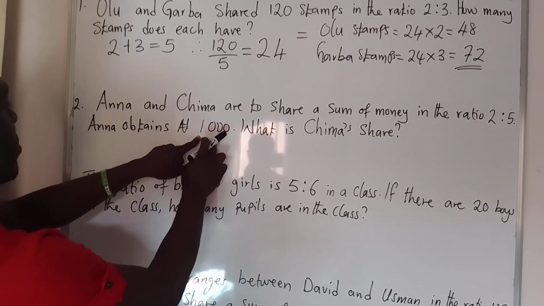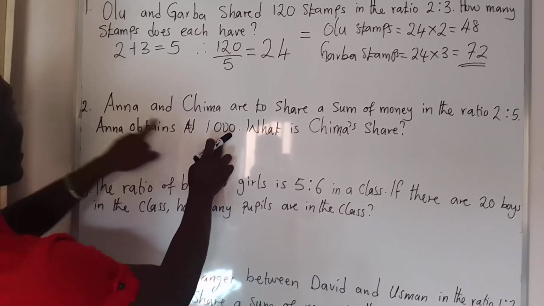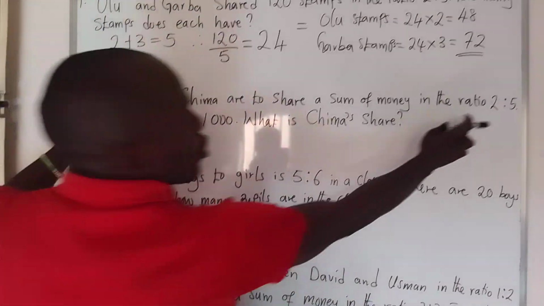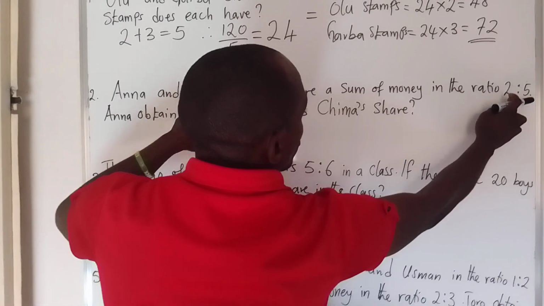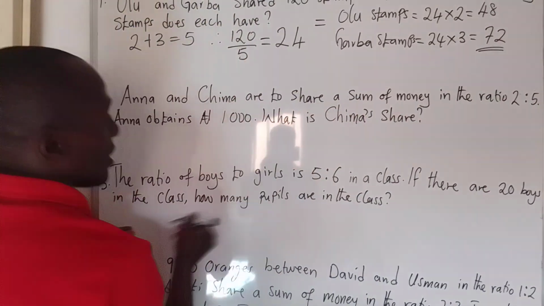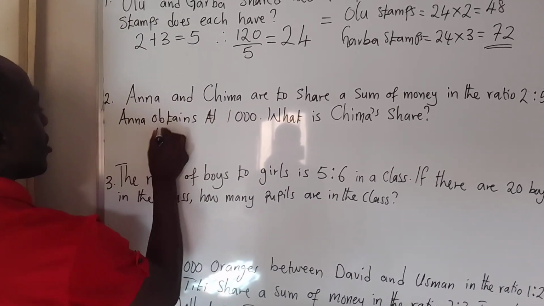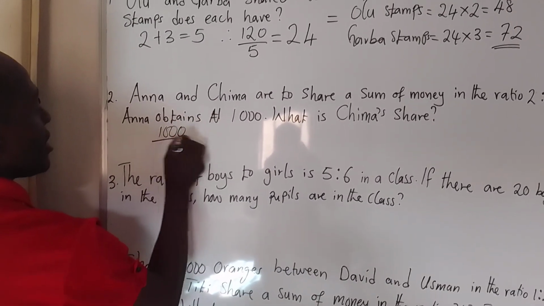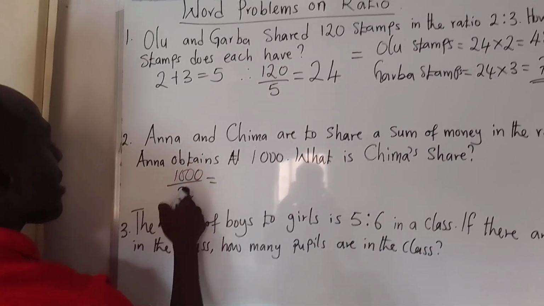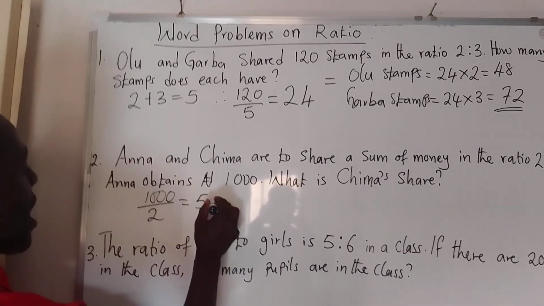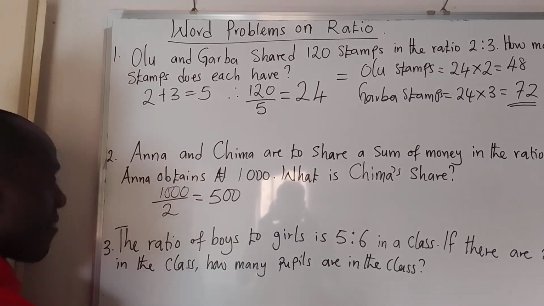Now, since 1,000 belongs to Anna, and Anna is first mentioned, the 2 ratio belongs to Anna, while the 5 ratio belongs to Chima. So we use 1,000, this is Anna's share, 1,000 naira divided by 2, the 2 that belongs to her. 1,000 divided by 2 will give us 500 naira.